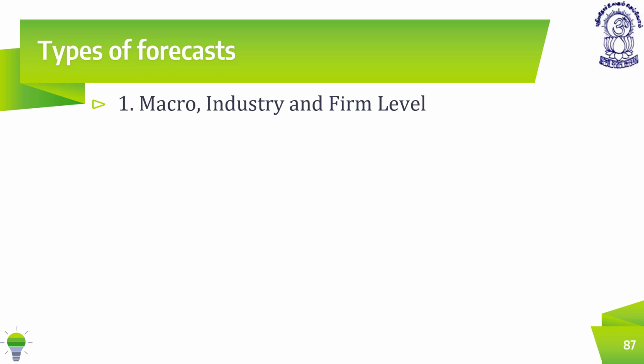The next is types of forecast. So you can do forecast at macro level, you can do forecast at industry level, and you can do forecast at firm level. At macro level, you are doing forecast about all the general economic environment.